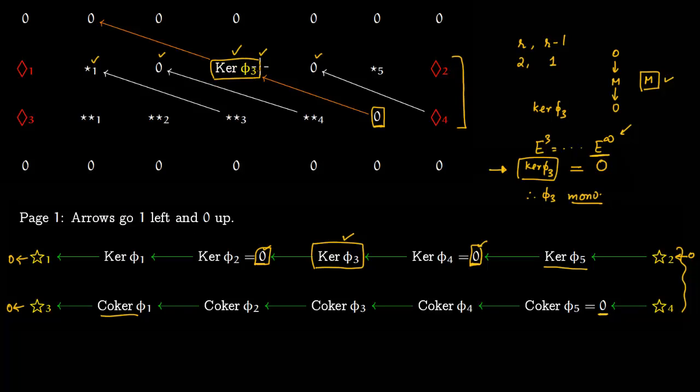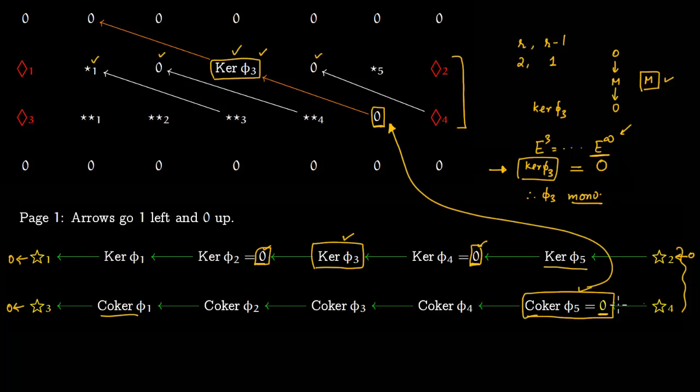But for this kernel of phi 3 to be 0, we had to have 0 coming into it, so that this kernel of phi 3 is stabilized. And that is precisely why this co-kernel of phi 5 was taken as 0, because it is this 0 which is sitting here.